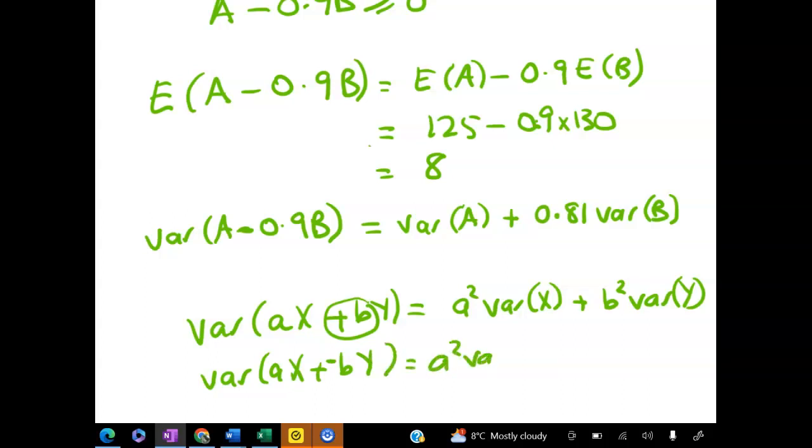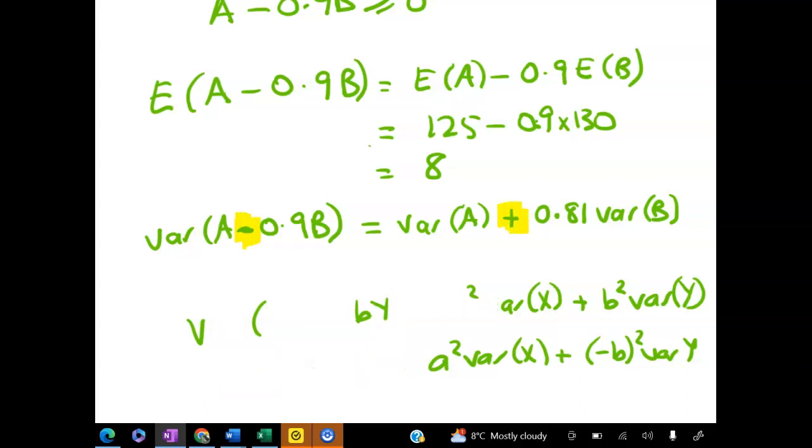We get a squared var X plus (-b) squared var Y. So that's why, even though we've got a minus sign in here, here we've got a plus sign. So just watch out for that.